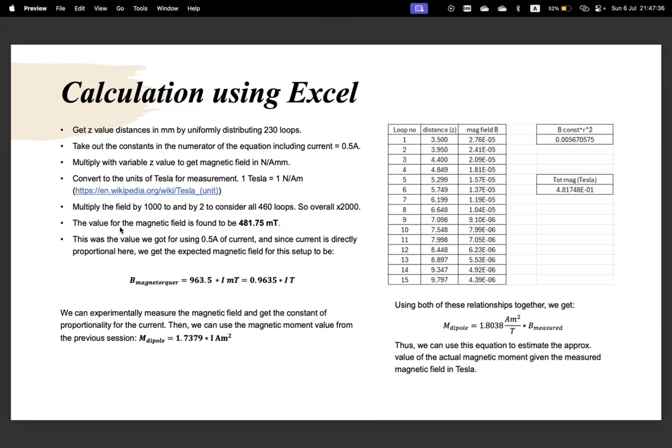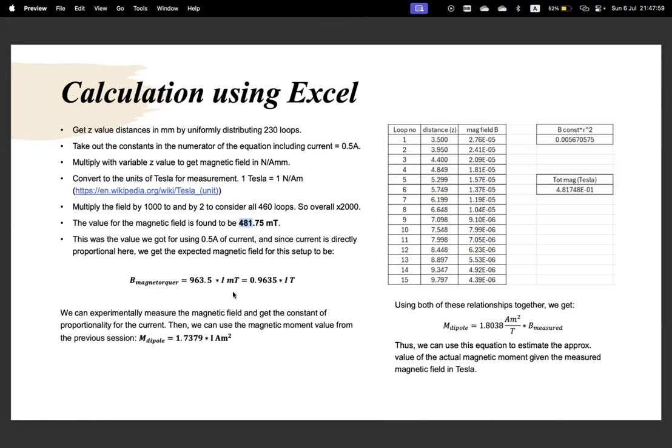So in the case of the value from the Excel sheet, we should expect something in the vicinity of 400 millitesla. Now, we supply a current of 0.5 amps in our wire, for example.